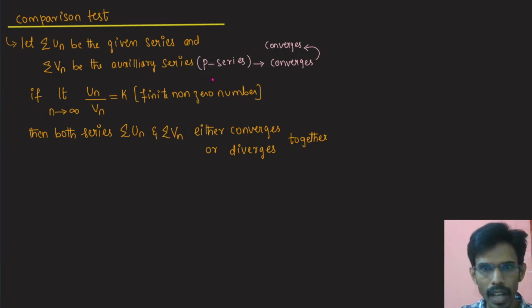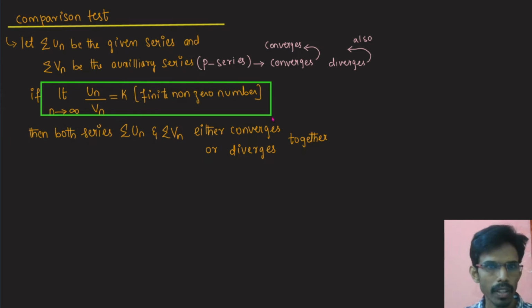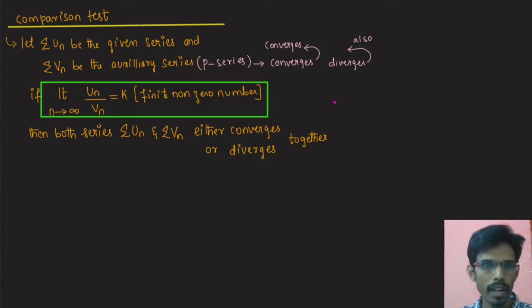If this Vn diverges, then sigma un also diverges, right? But the condition is we have to find out this limit n tends to infinite un by Vn equal to k. That is the condition. It has to satisfy this condition, then only the given series will converge or diverge.